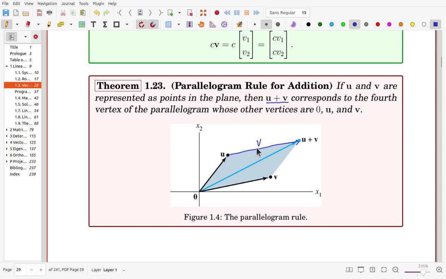So u plus v makes the terminal point here. If we try to identify these vectors as positions, then here u is this one, and u plus v will be this position. Okay? Okay.